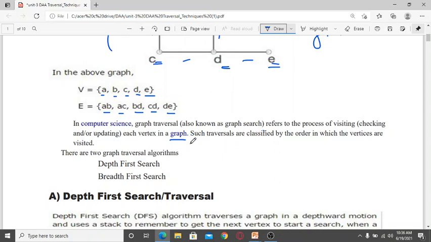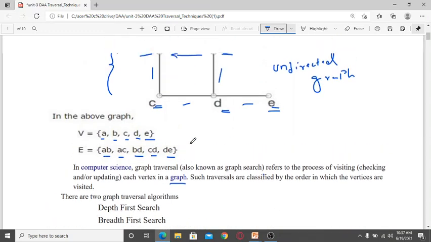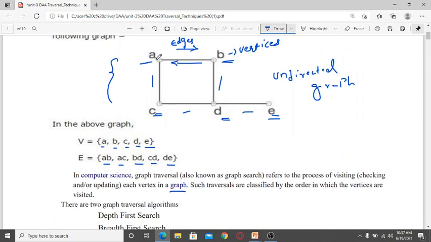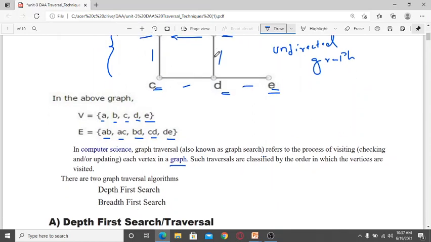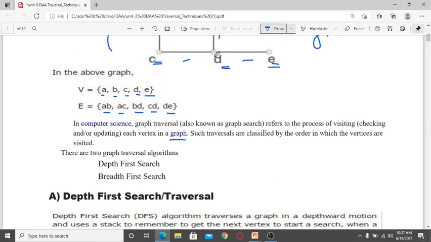So depth first search visits the vertices, for example from A to B, and the process goes on like this.